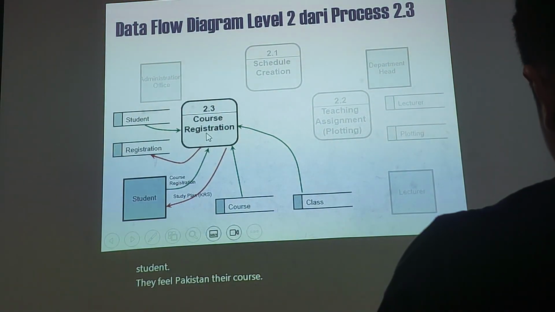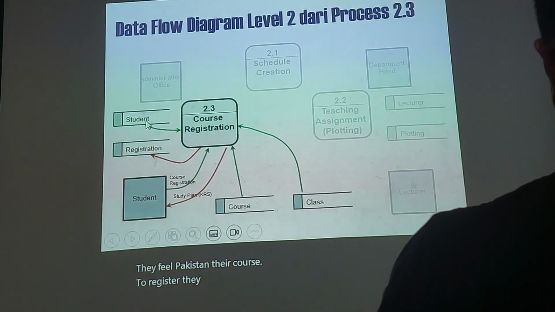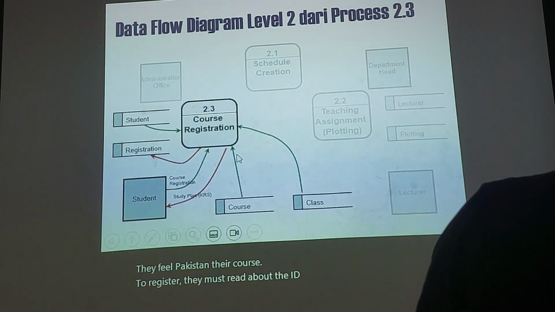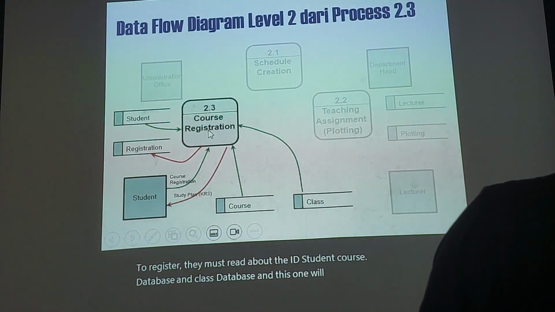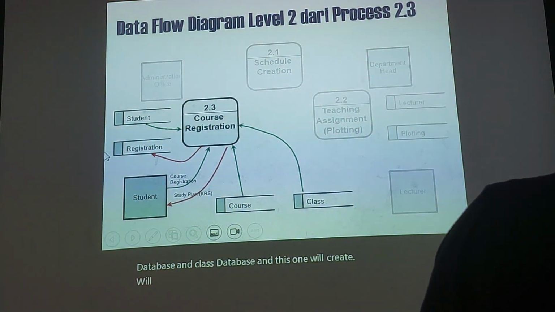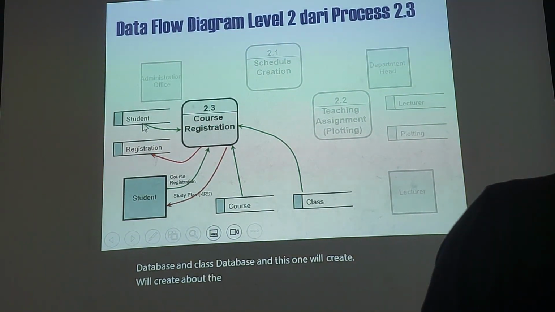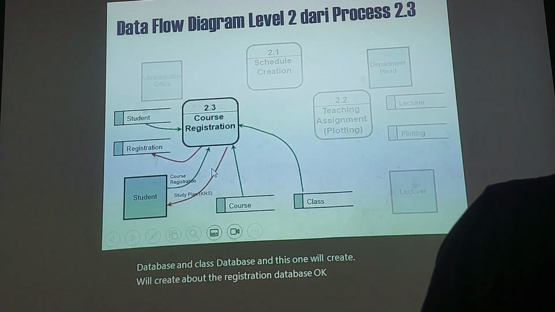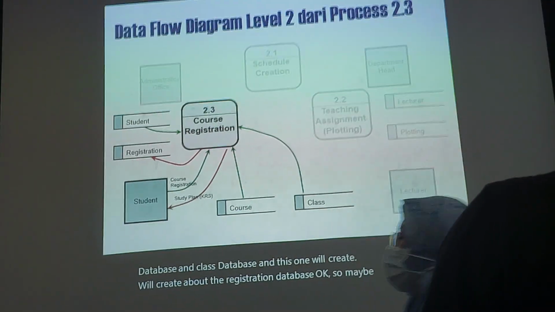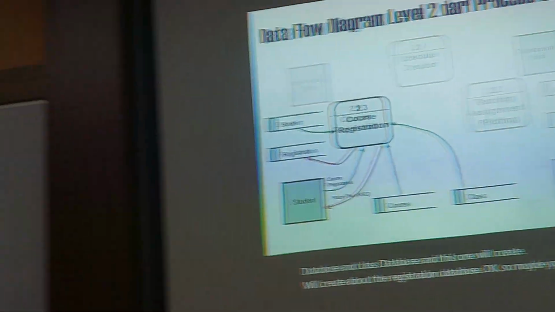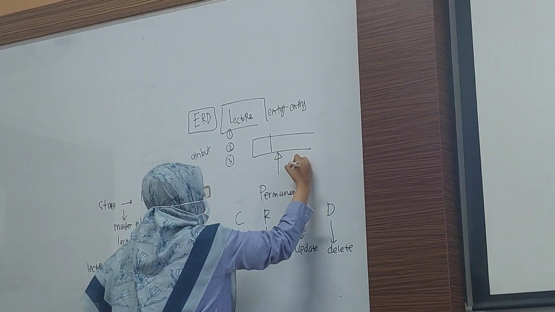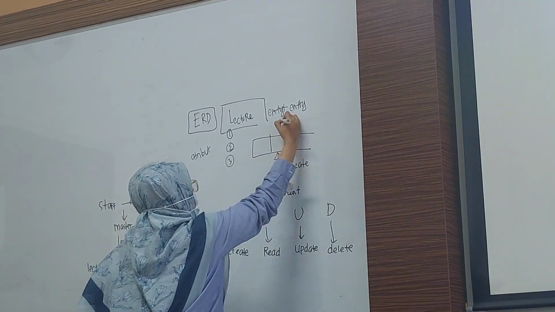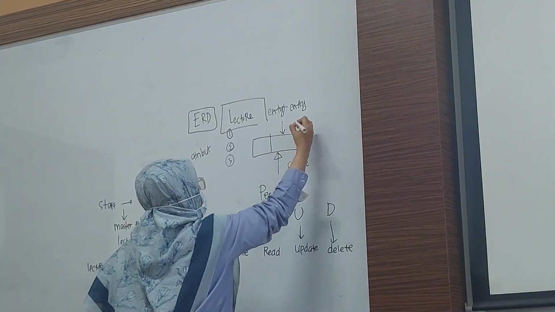Students will register their courses. To register, they must read the student ID, course database and class database, and this will create the registration database. Okay, so maybe you can record if we have this database. This one can create and update in the database.